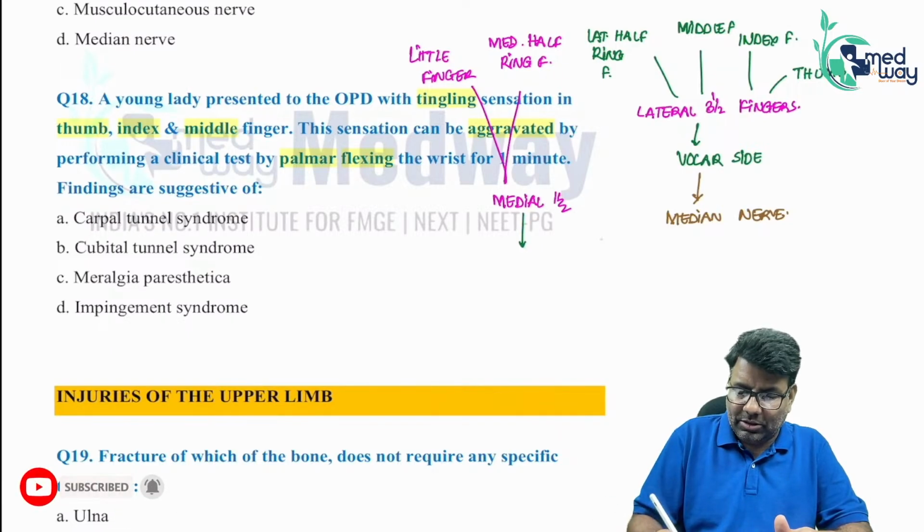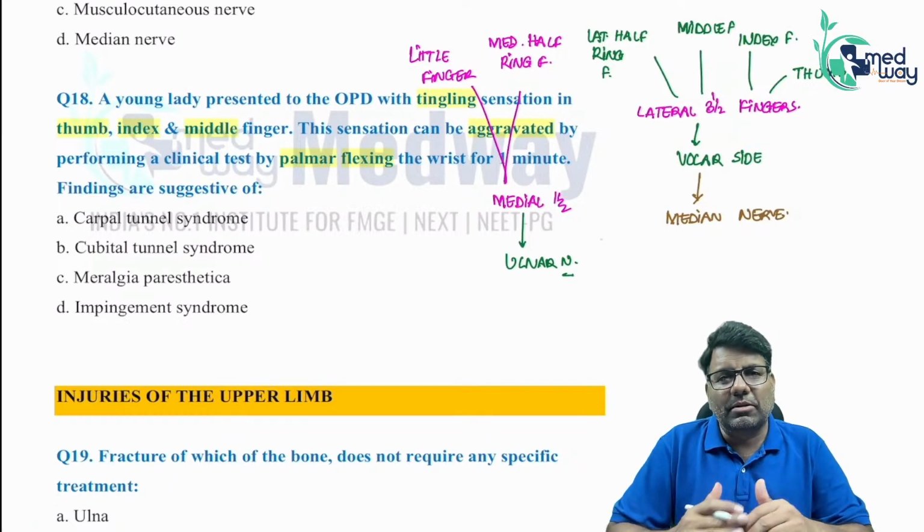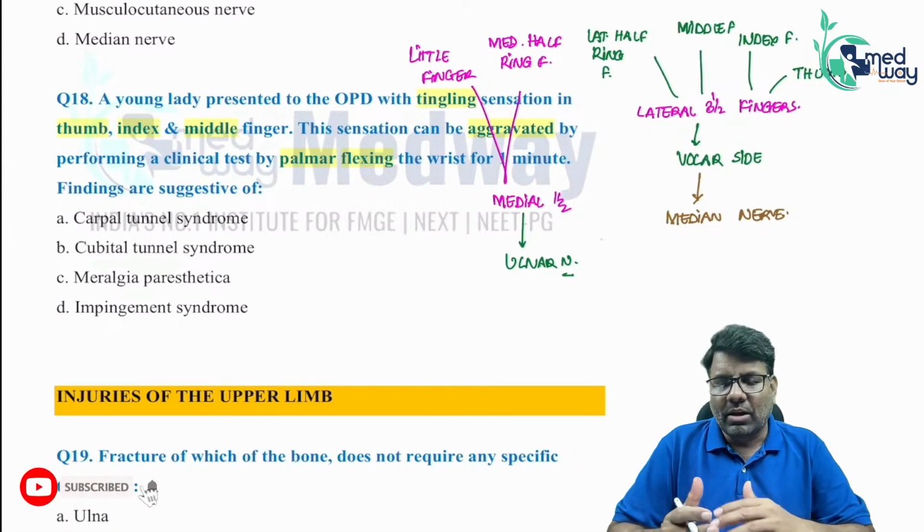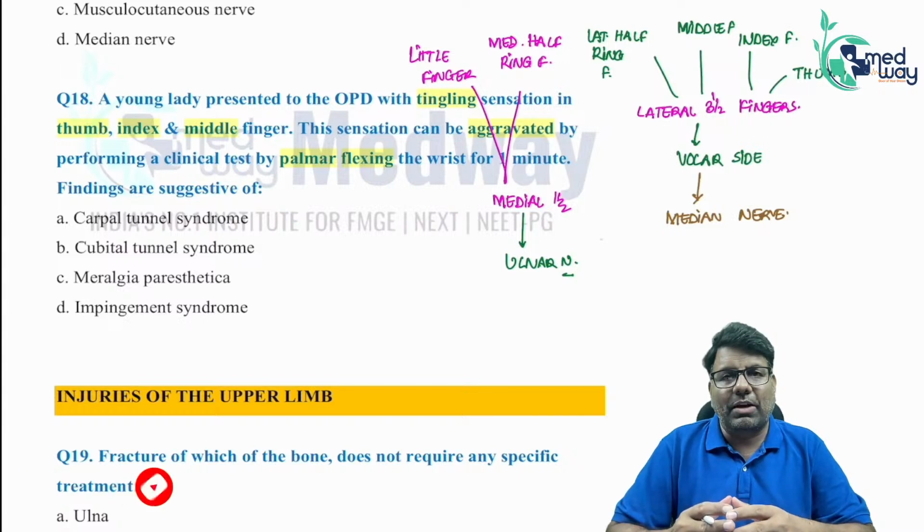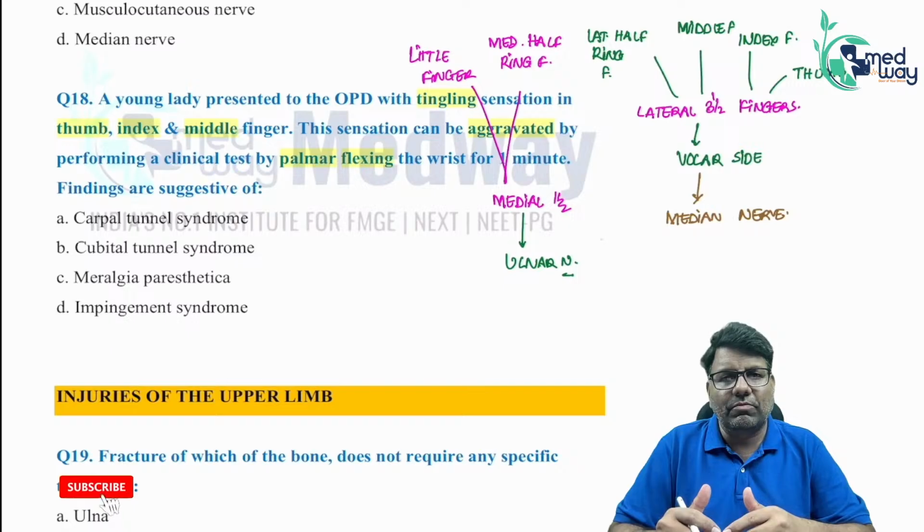Again, on the volar side, this is all territory of the ulnar nerve. So as far as the volar side of the hand is concerned, the lateral 3.5 gets cutaneous supply from the median nerve, and the medial 1.5 gets sensory innervation from the ulnar nerve.